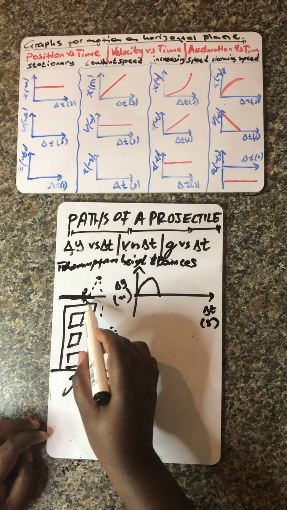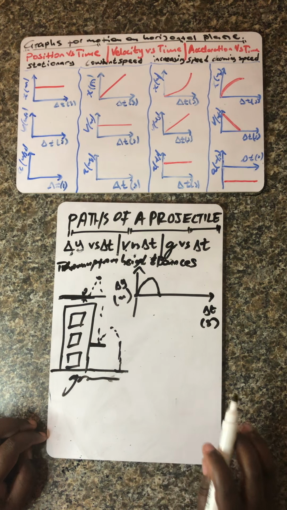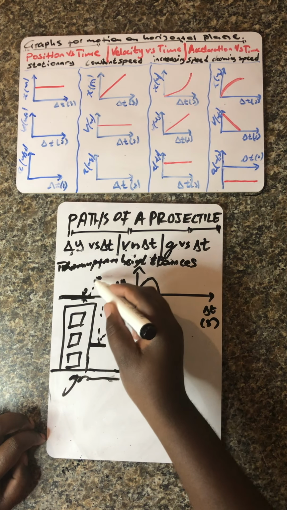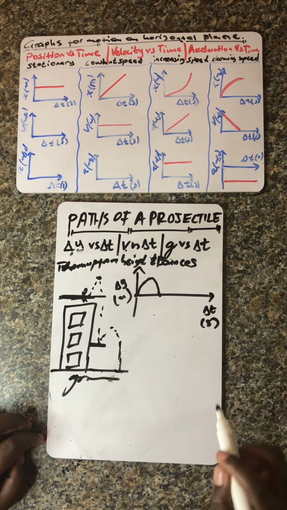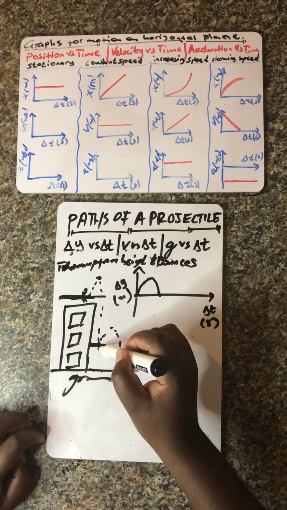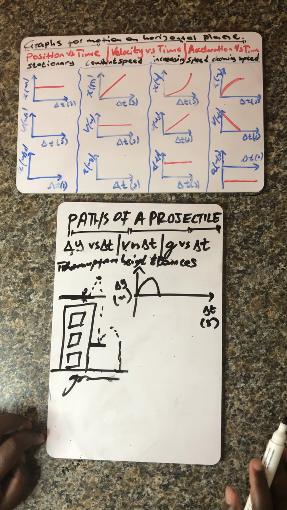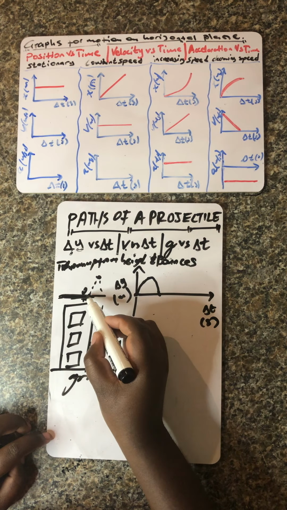Okay, it's thrown from a certain height, it hits, and then it bounces. Okay, but it's different from when it's been thrown up, then it hits the ground, and then it bounces from the ground. In this case, it hits the balcony and then it goes up, then this is the bouncing that we're referring to. So that point over there, ladies and gentlemen, that's where it's along the same line.